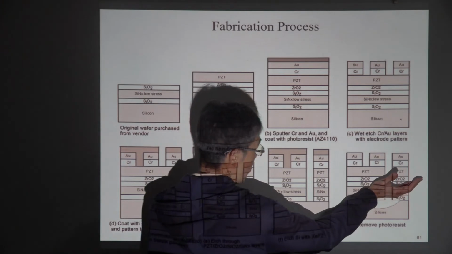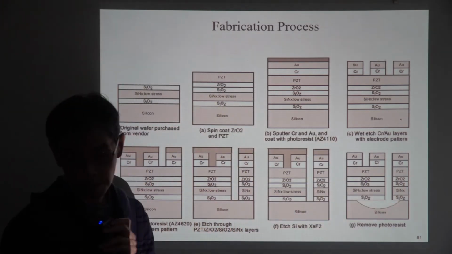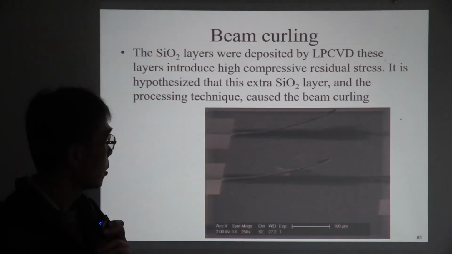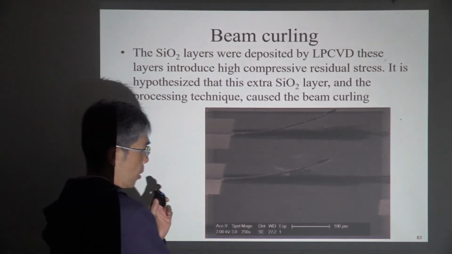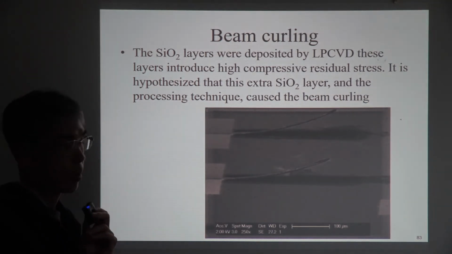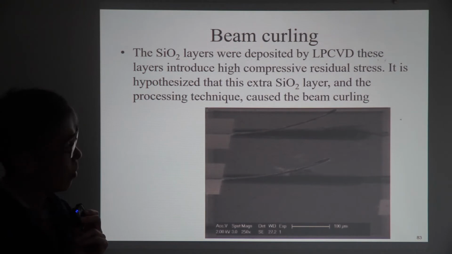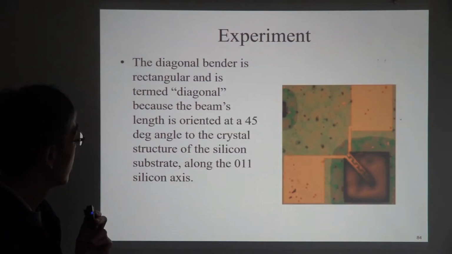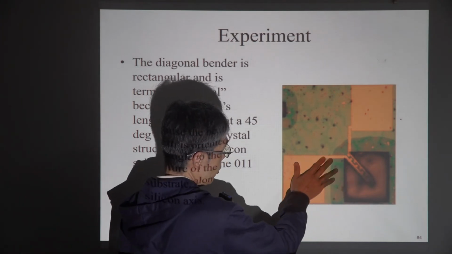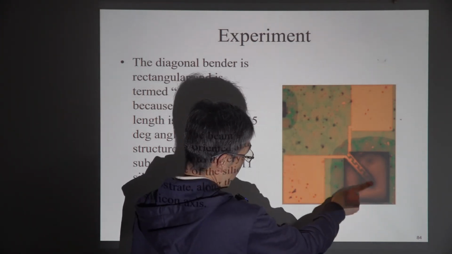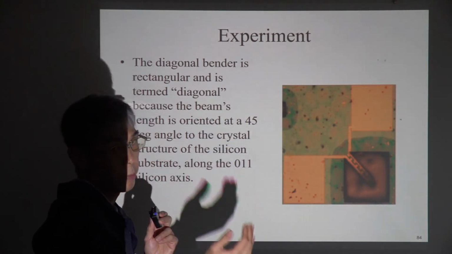So this bending moment will bend the structure upward. So this is the reason we have this curling up beam. Okay, so you could see in the OM photo, if we focus here, the tip is out of focus because of this curling up deformation.